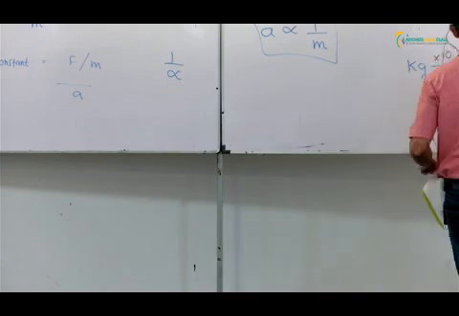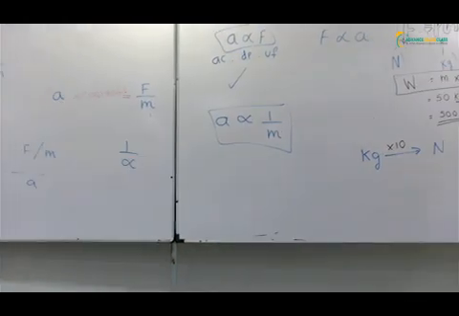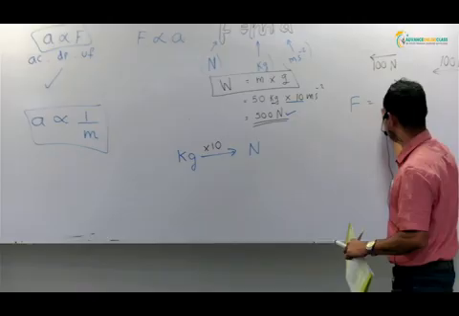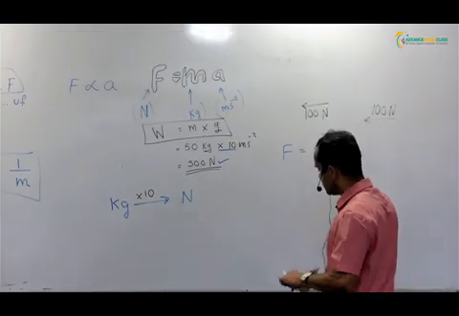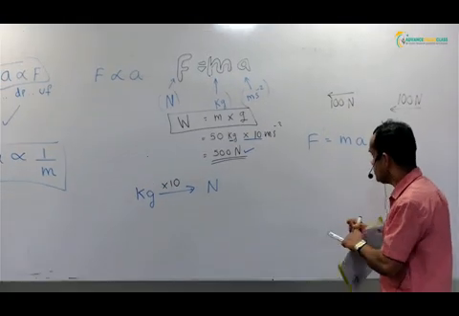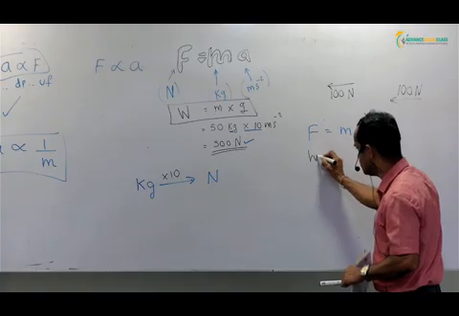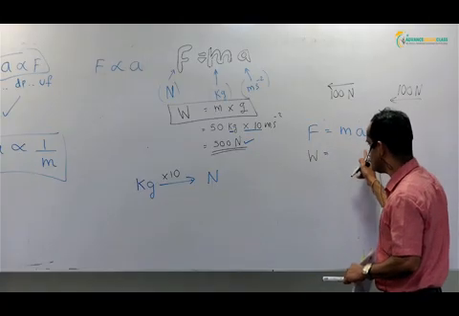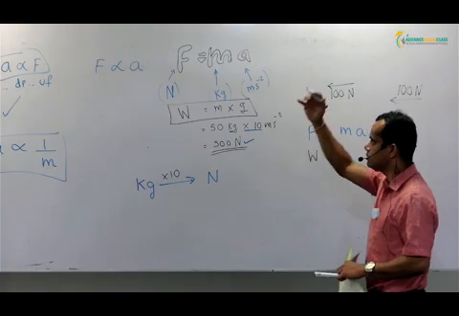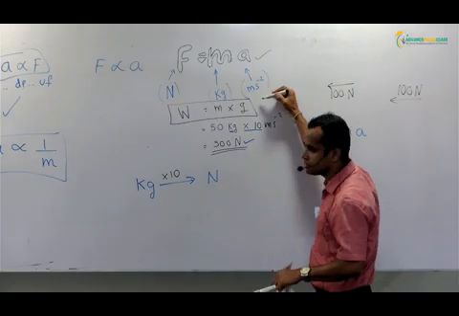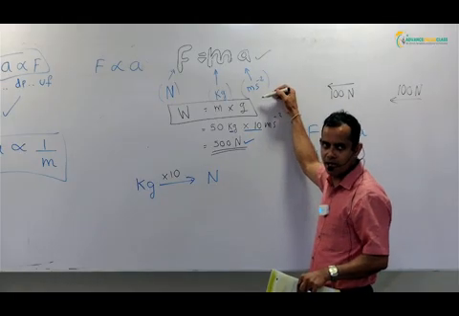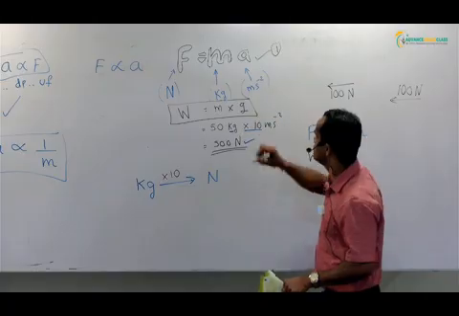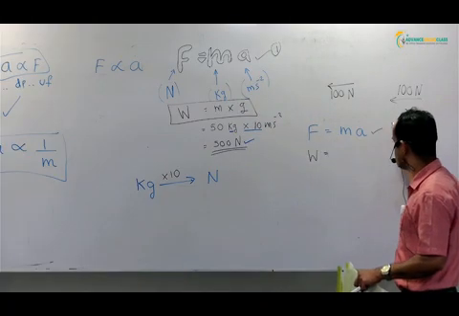First step is this. F equals ma. Secondly, gravitational force is called weight, W equals, no need to write mg, because they are not going to give 1 mark for this and 1 mark for this. They will give 1 mark for this. We write that one, we get the first mark.